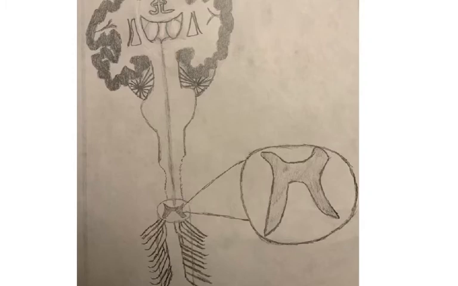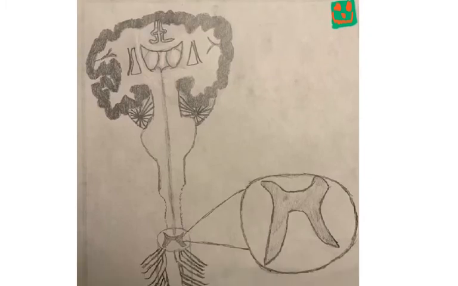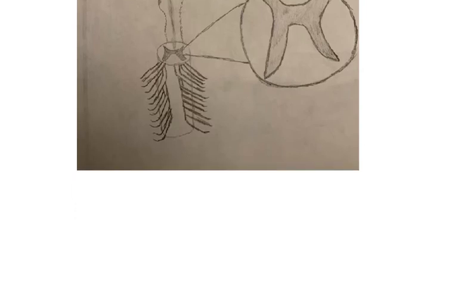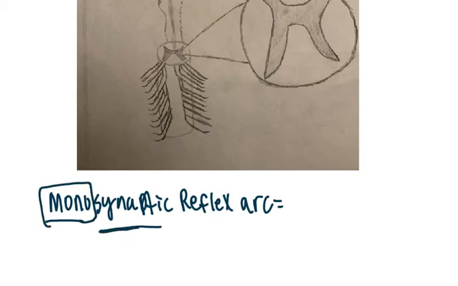So a monosynaptic reflex arc is what it says. Let's write this down before we see it in a drawing. A monosynaptic reflex arc is what it says it is. Mono meaning one, synaptic meaning one synapse.